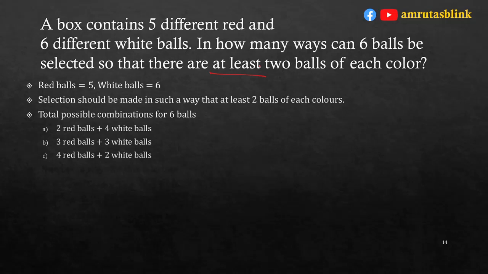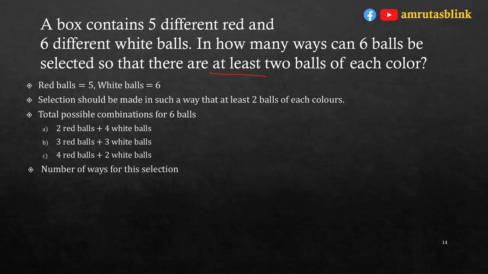But we cannot have all 5 red balls, because in that case there will be only one white ball, and our condition says that there should be at least 2 balls of each color. So ultimately there are 3 cases: 2 red balls and 4 white balls, or 3 red balls and 3 white balls, and 4 red balls and 2 white balls.